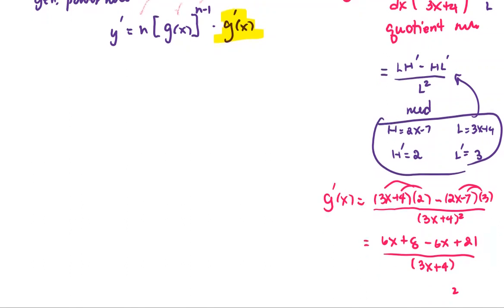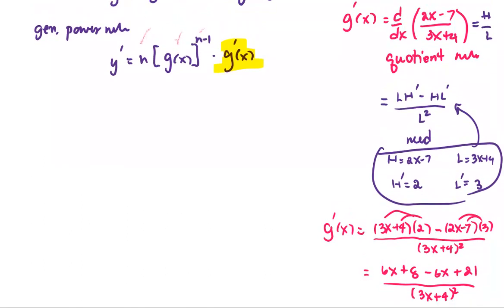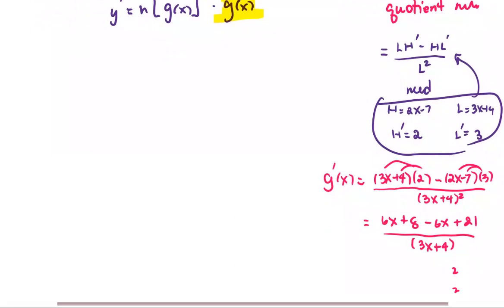The numerator shows some terms that we can cancel. So we reduce the 6x and 6x, and 8 plus 21 becomes 29. The numerator is 29 divided by the quantity 3x plus 4 squared for the denominator.